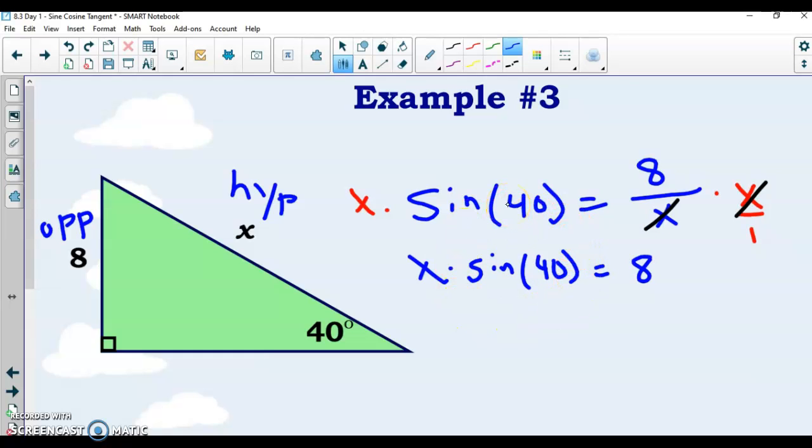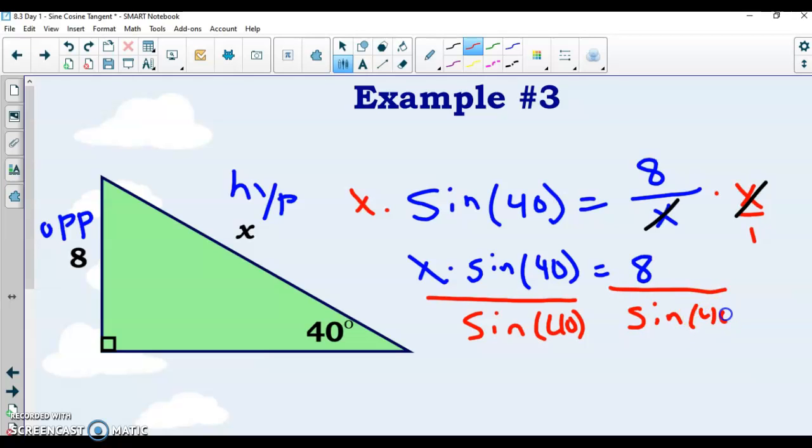But we can divide now by sine of 40 to get x by itself. So my sine of 40 will cancel out. Now we get x is going to equal 8 divided by sine of 40.